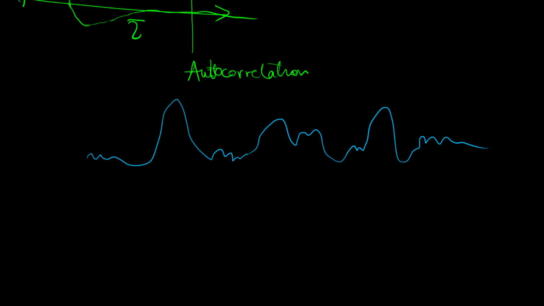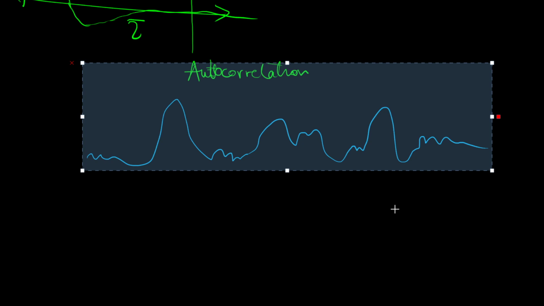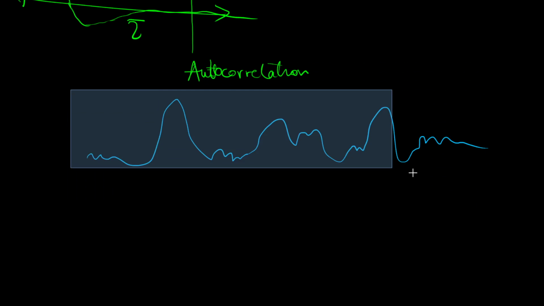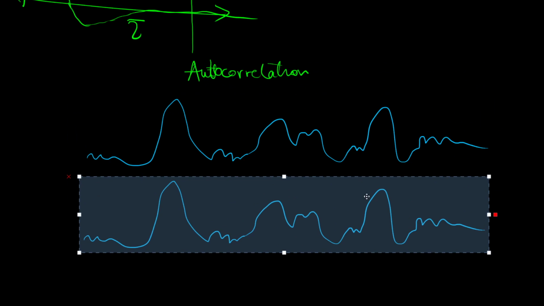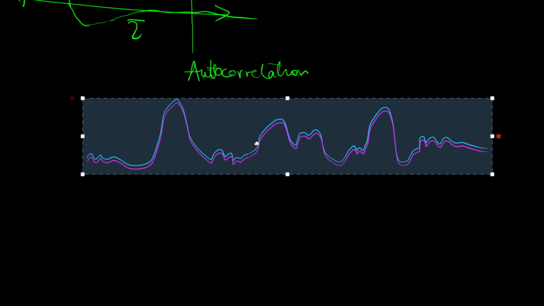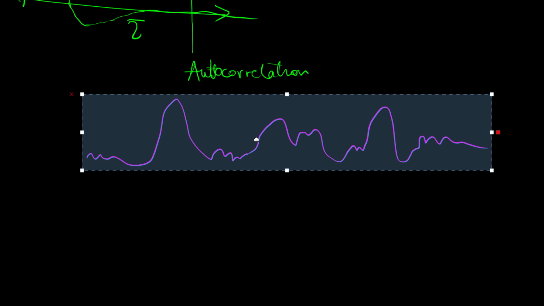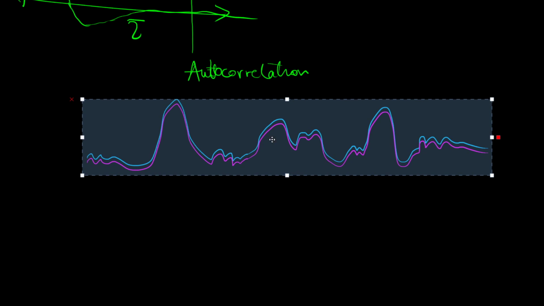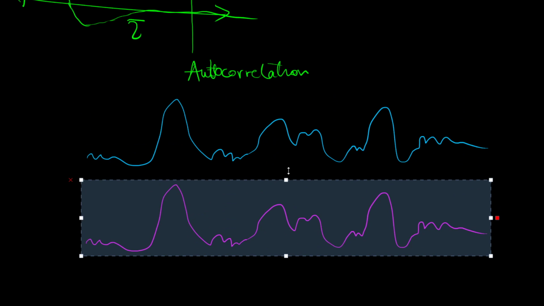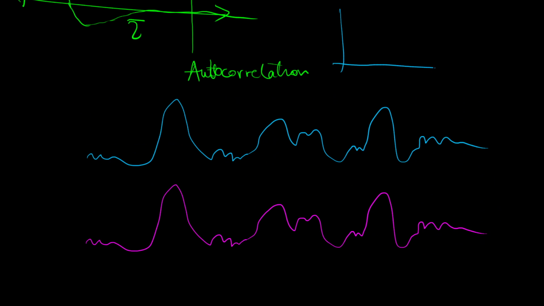Something like this is fine. So when the shift is 0, they are perfectly correlated. When the tau shift is 0, then these two curves are perfectly correlated. So R11 as a function of tau: when tau equal to 0, Rij will be 1.